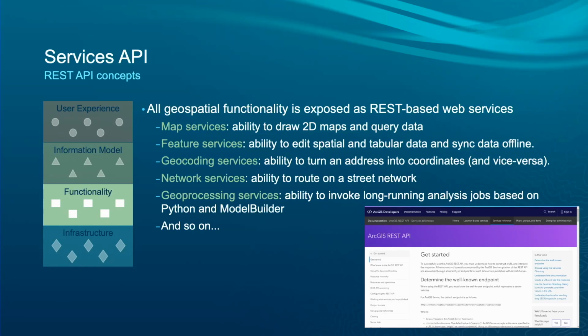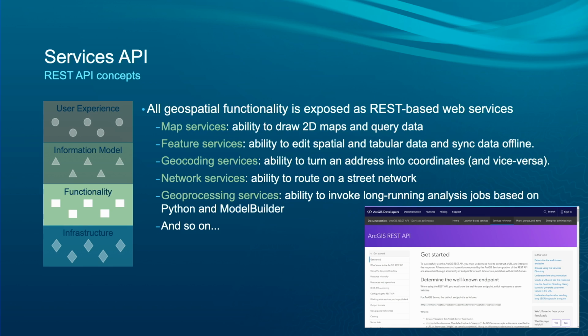Moving on down into the area where the functionality is, there is a REST Services API. This is where geospatial functionality is exposed as REST-based web services. So that could be for map services, that could be when you're just drawing your vector data, querying your data, trying to see what that data is actually showing you with those attributes. There's feature services.